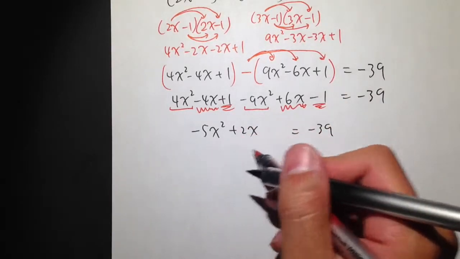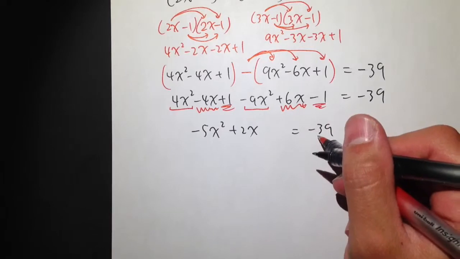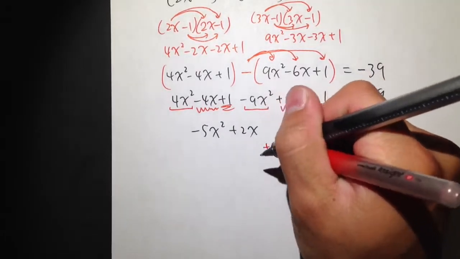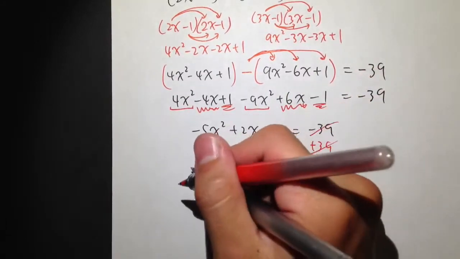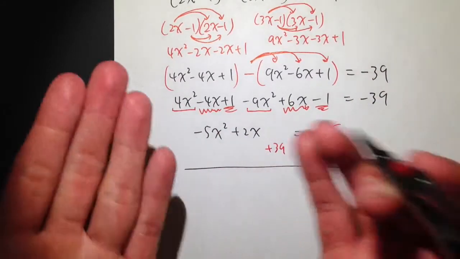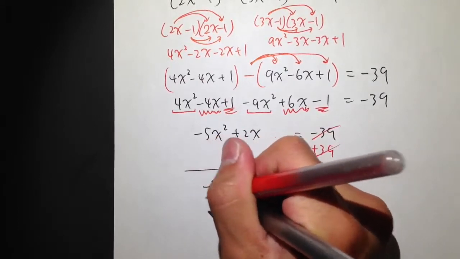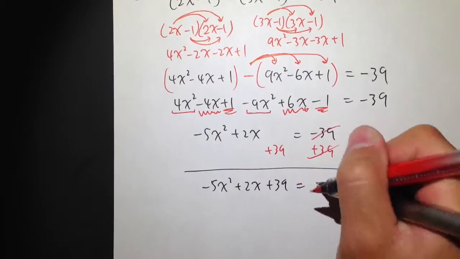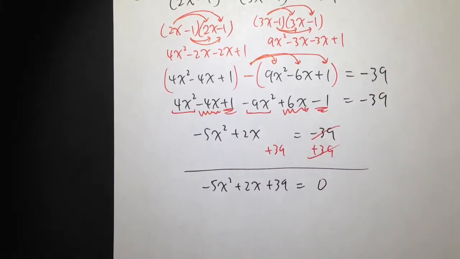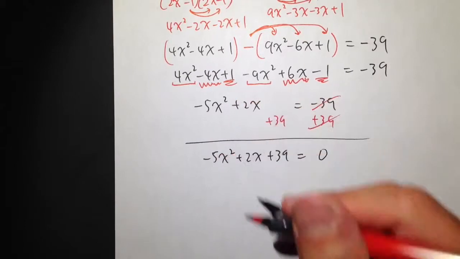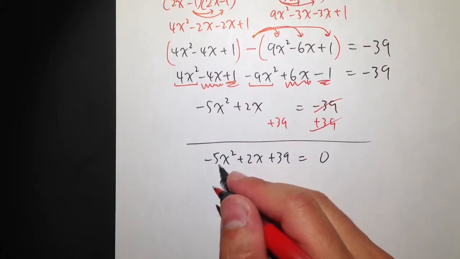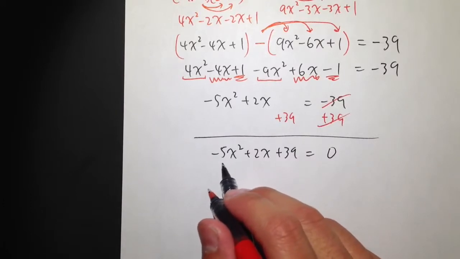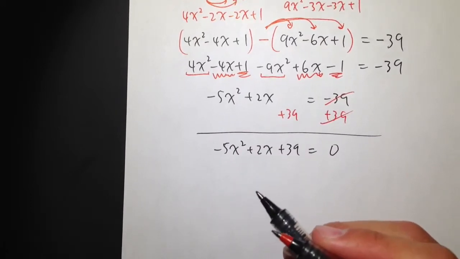Well, the goal is to make one side equal to 0, so why don't we put the 39 onto the other side? So that's plus 39 on both sides. As a habit, let's have all the expression on the left hand side, so that we get negative 5x squared plus 2x plus 39, and 0 on the right hand side. Now, usually when you have a negative number in front of the x squared, it's just bothering us.